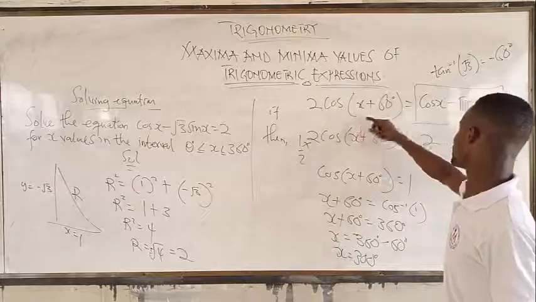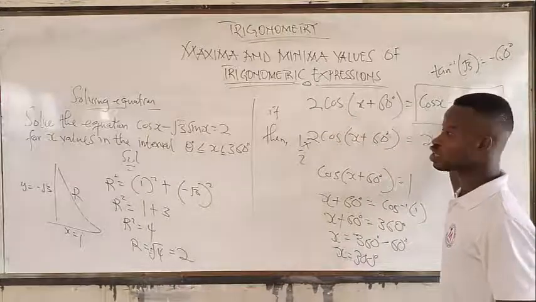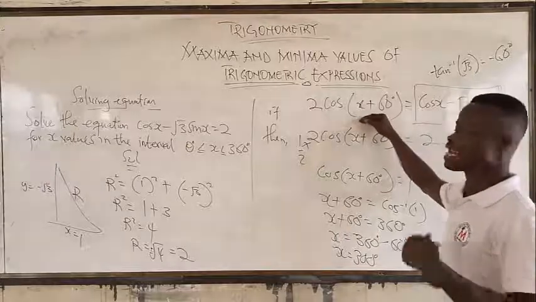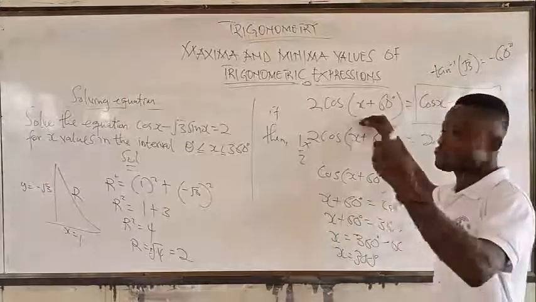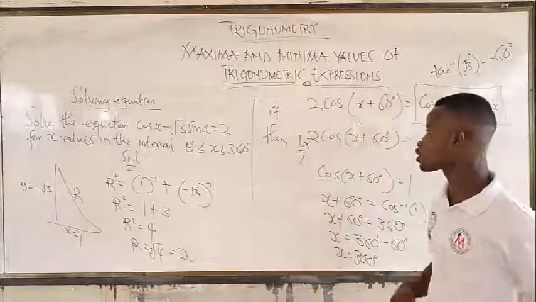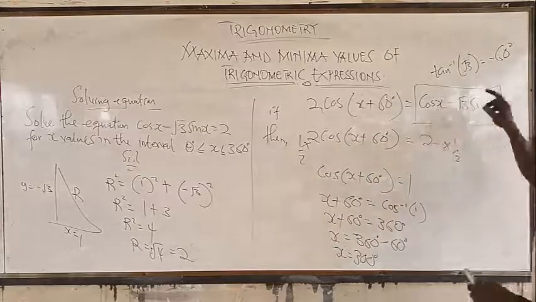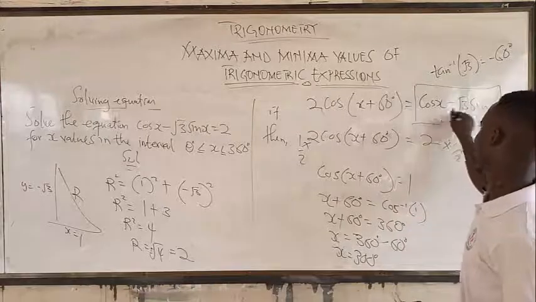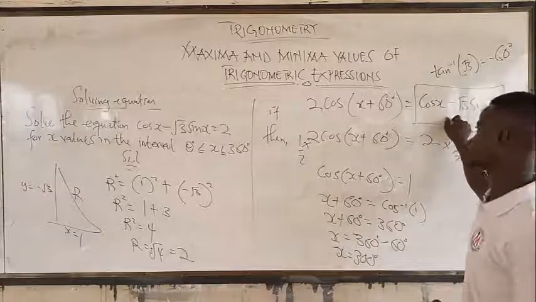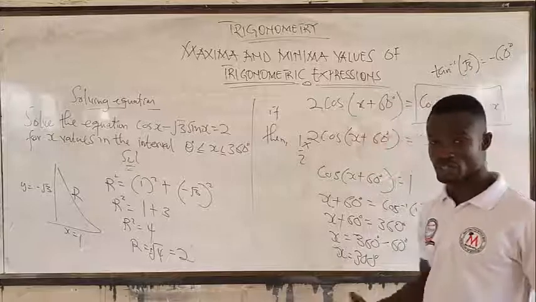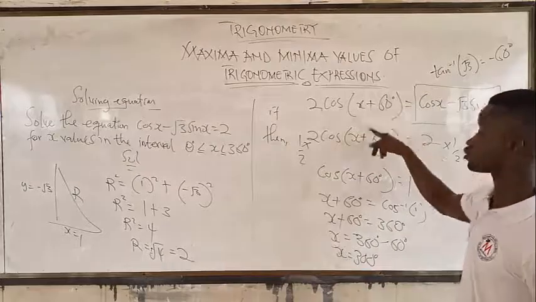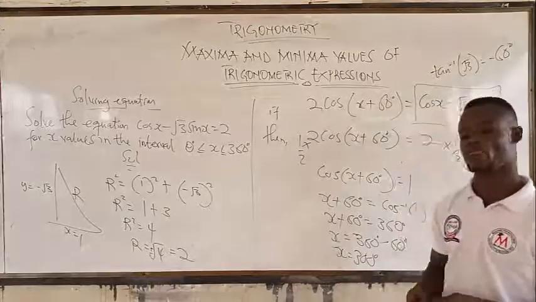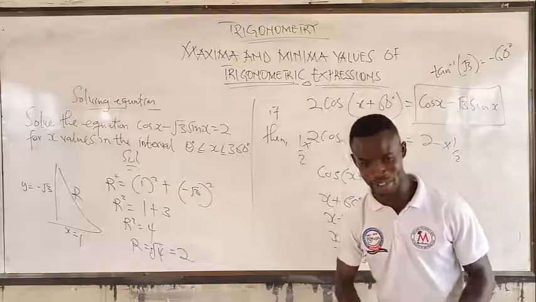So when you are doing this to sketch, go through the same procedure and have it in this way, whether the sine or the cosine, before you go and sketch it. Because with this, you can't see the maximum well and you can't see the minimum well. And even the interval is going to be somehow difficult for you. So when you pick it like this, then you go your way. You can choose the angle to be in degrees or in radians, it's accepted. Thank you, and see you in the next video.